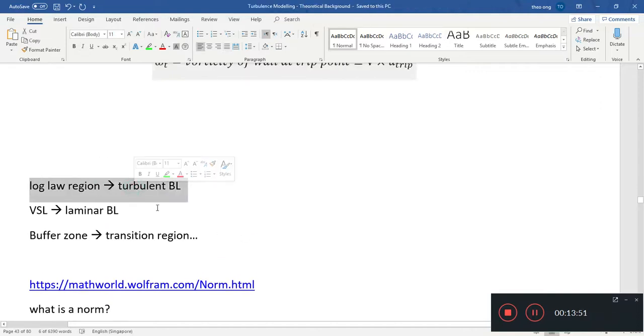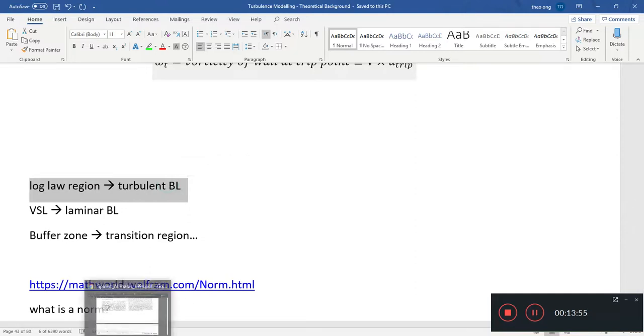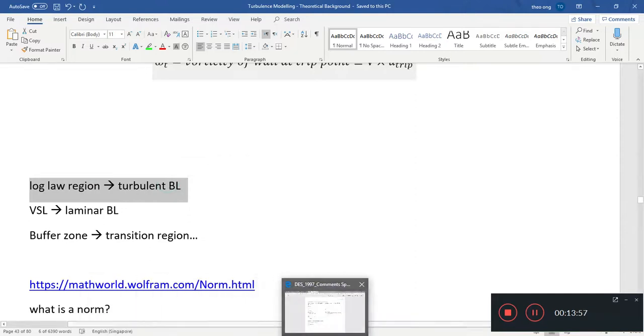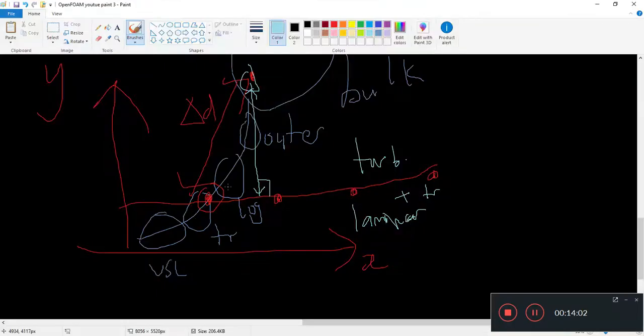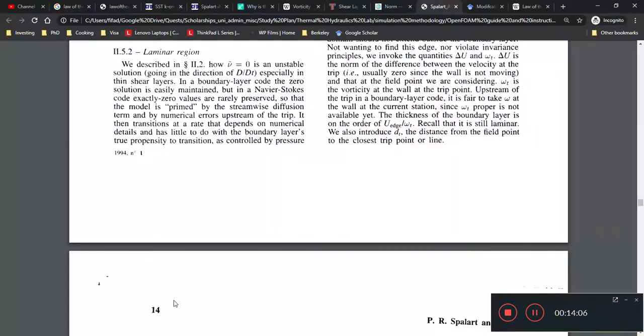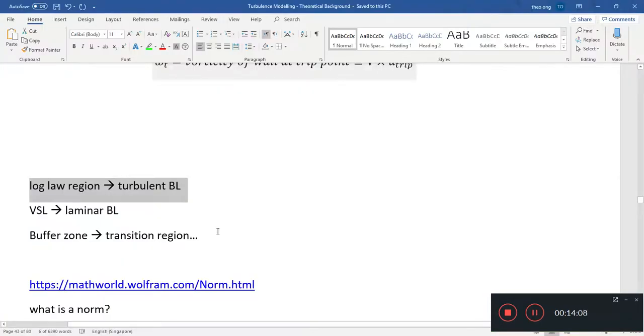So yeah, the log law region is where our turbulent boundary layer will be. Usually you will start to have your transition somewhere here, or that's where your trip point will be to try and start kicking in the numerical stability things.